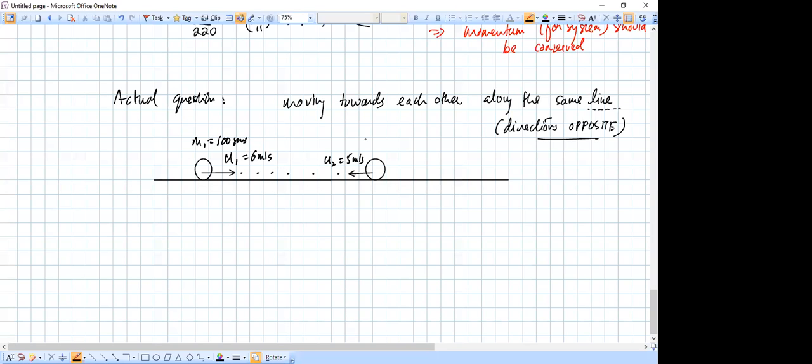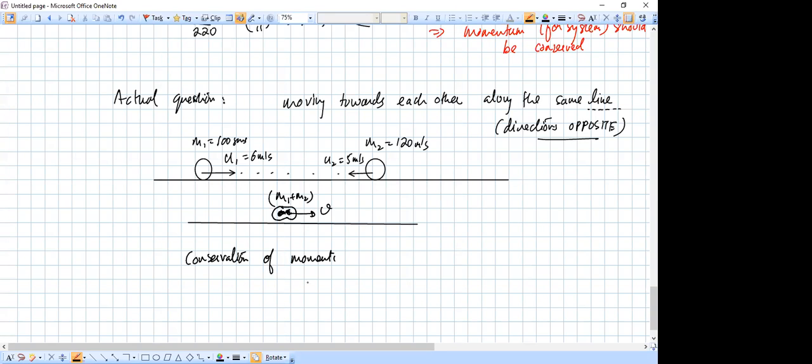If you solve it with this assumption that they're moving oppositely, you'll come to the conclusion that they collide somewhere in between. And after having collided, suppose they become one object of mass m1 plus m2, and let's assume that they are moving in this direction. So again, conservation of momentum, because the net external force on this system is zero.